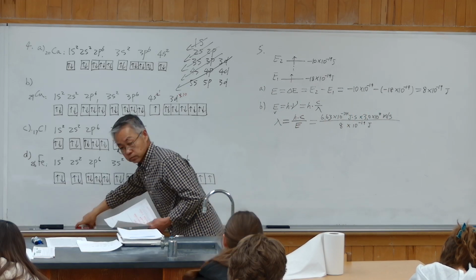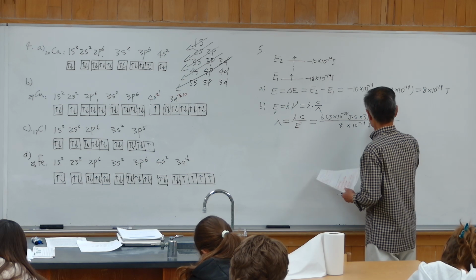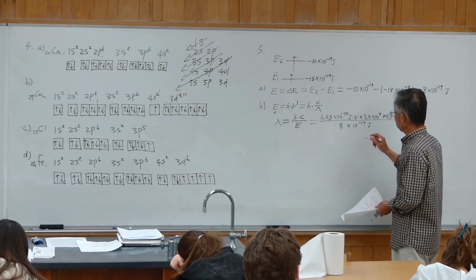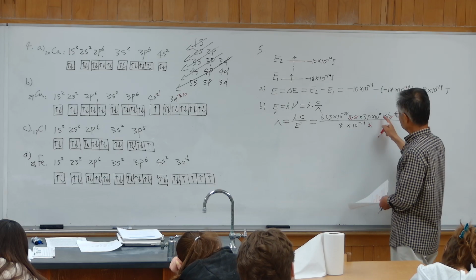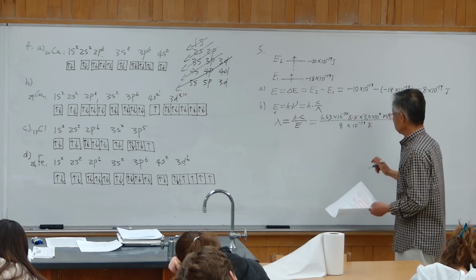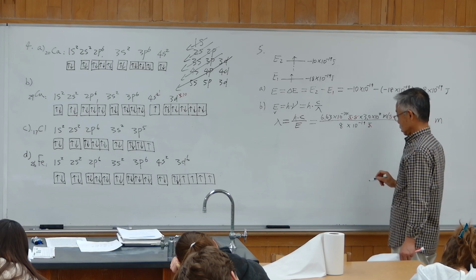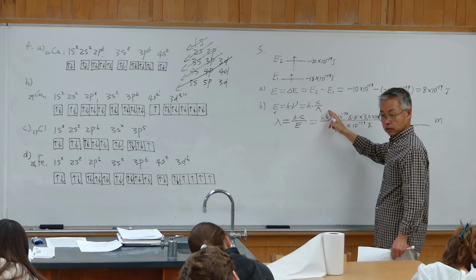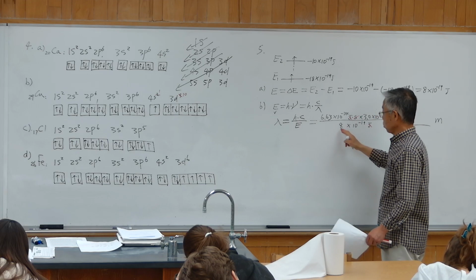Okay. So now you find second cancels this per second. Joule cancels this joule. What is left over is meter, the unit for wavelength. For the number, just use a calculator. Put in the regular numbers: 6.63 times 3 divided by 8.